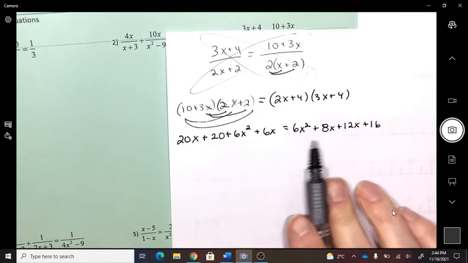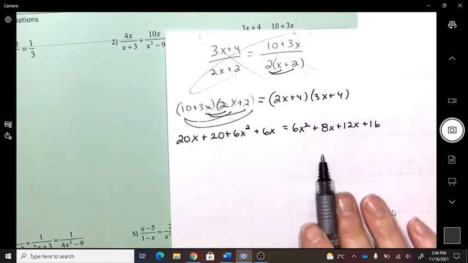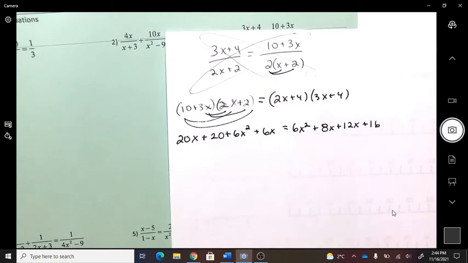Okay, how is this looking? We got the same? FOILing's okay?